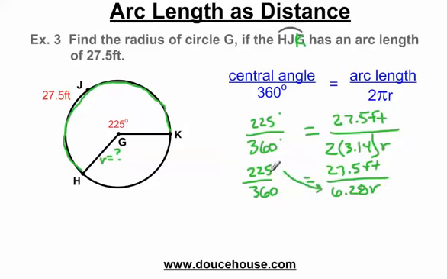So I'm going to do 225 times 6.28, and I get 1,413 r, because we're multiplying numbers, but r's kind of go along for the ride, equals 360 times 27.5, and I get roughly 9,900.